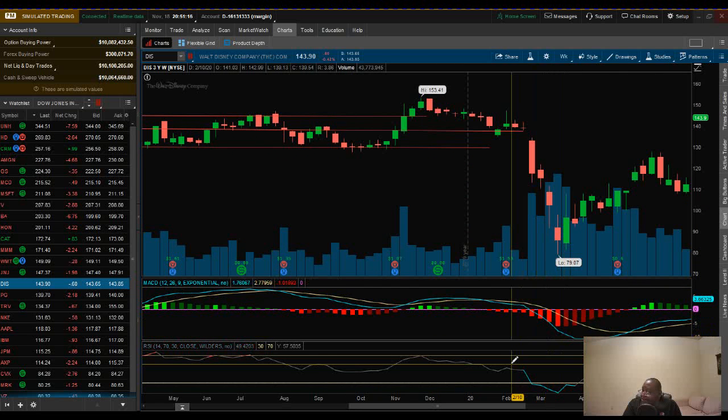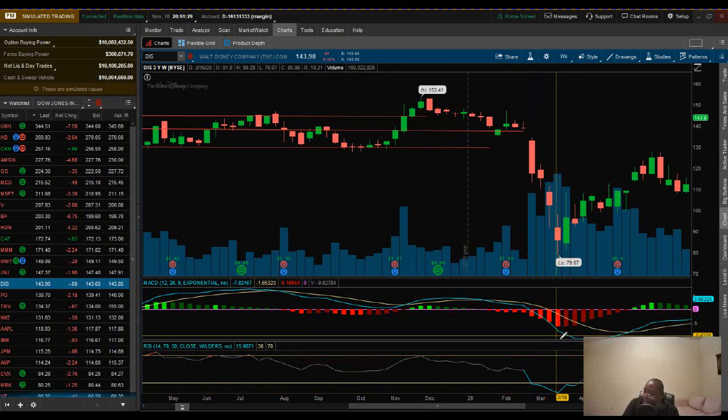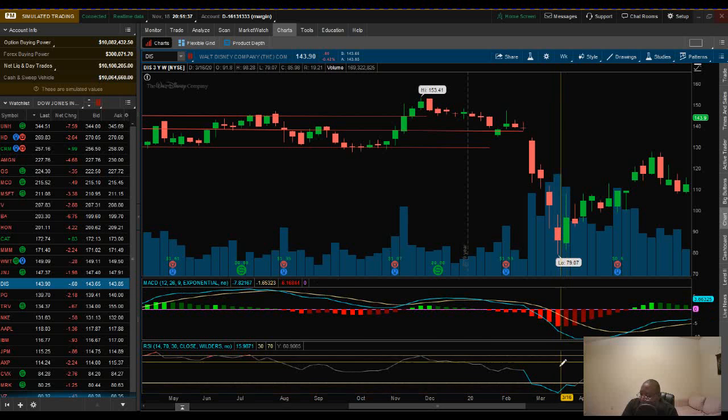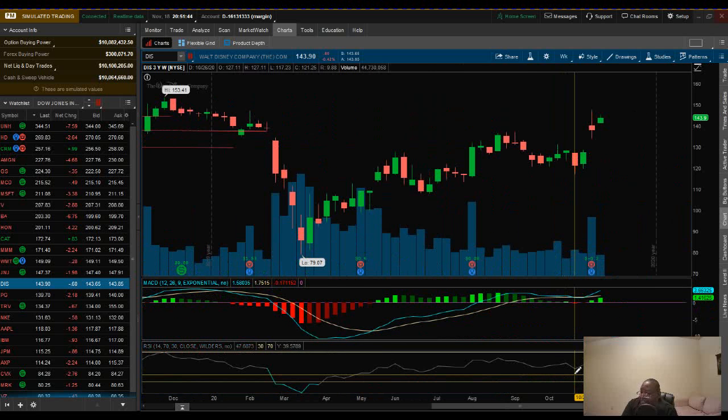Now, how are you using both of these at the same time? Very easy. Even though this stock is being oversold over here, this is an indicator that the stock is going to start going up. And as you can see, the blue line starts getting closer and closer to the yellow line. A lot of people use these two indicators in tandem with each other, because as you can see, they pretty much flow the same.